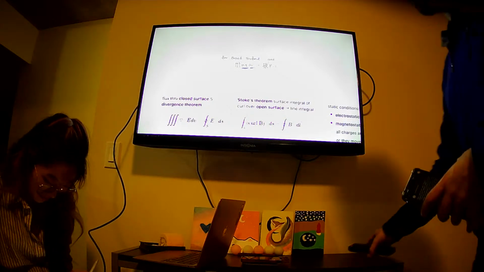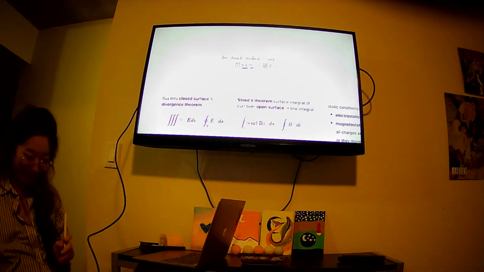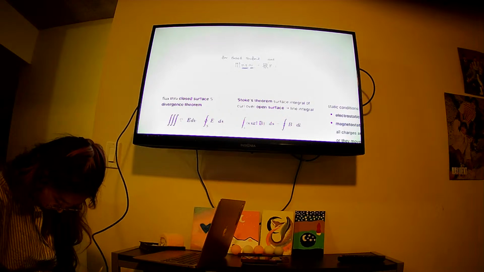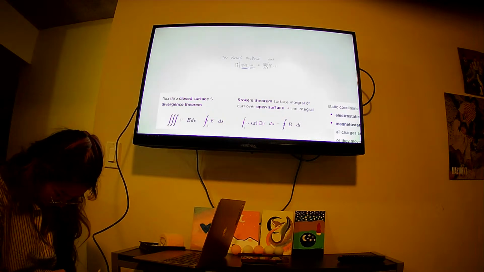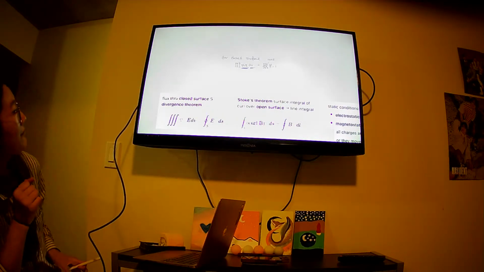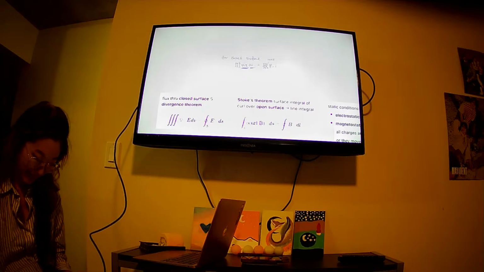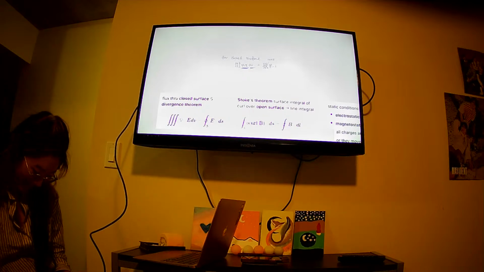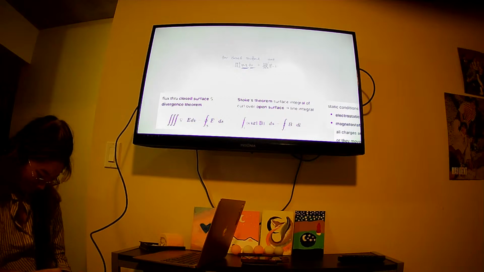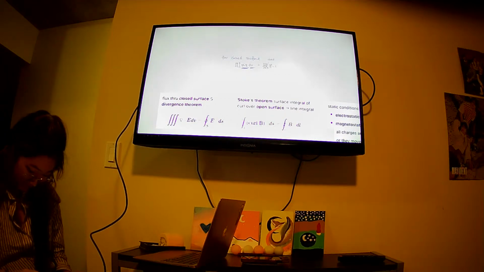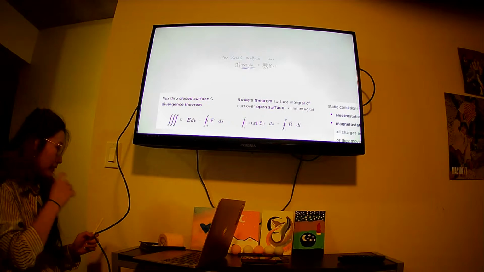Is that better? The iPad is amazing, it's legible. Can you check the volume?